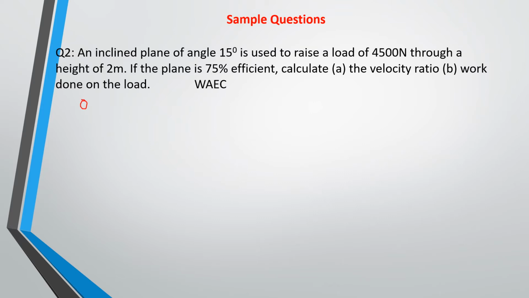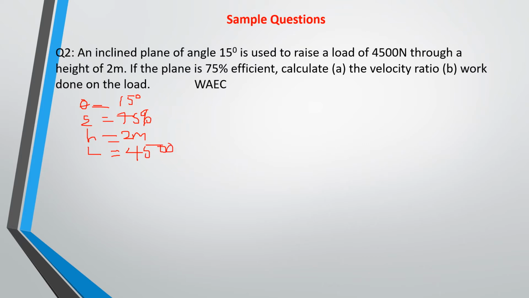The angle of inclination is 15 degrees, efficiency is 75%, the height to which the load is raised is 2 meters, and the load is 4,500 Newton. This is the information that has been given to us.